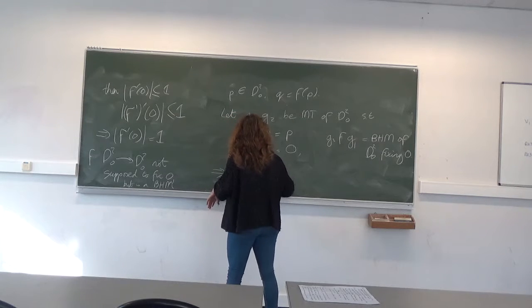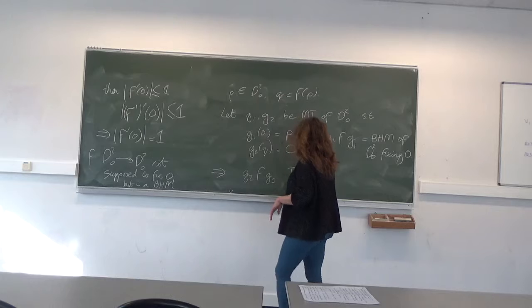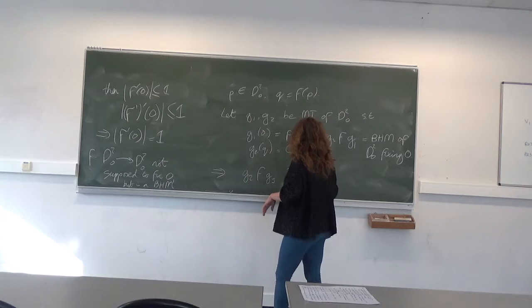So we have that G2 F G1 going from the tangent space at 0 of the Poincare disk to itself.